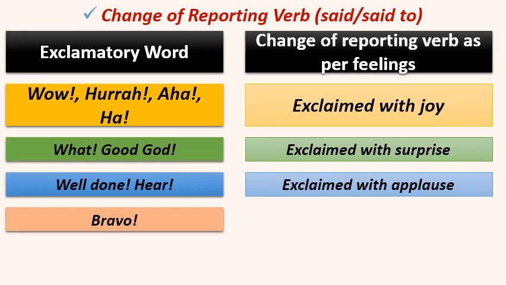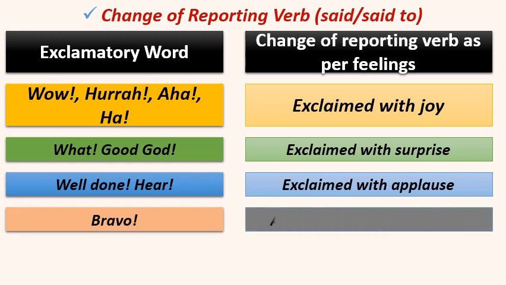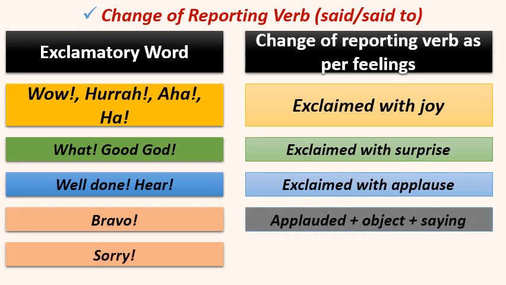If the word in reported speech is bravo, then said or said to gets converted into applauded plus object plus saying, means the structure of the sentence will be like this: applauded plus object plus saying.